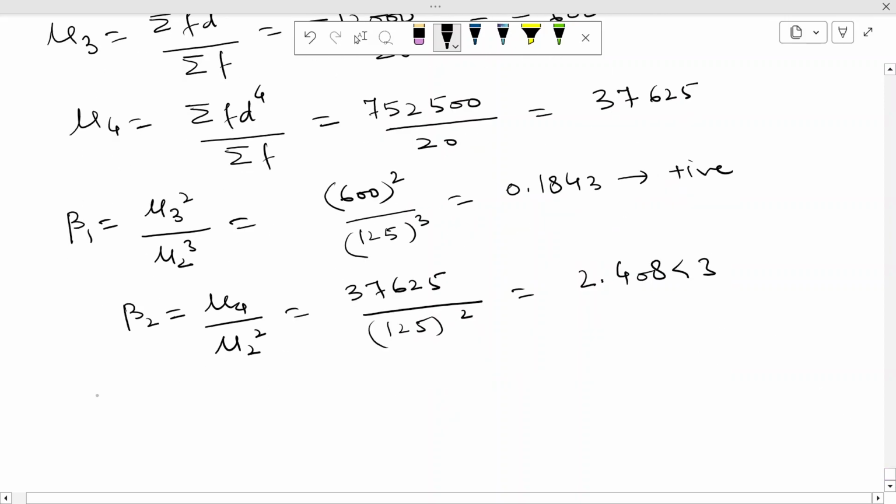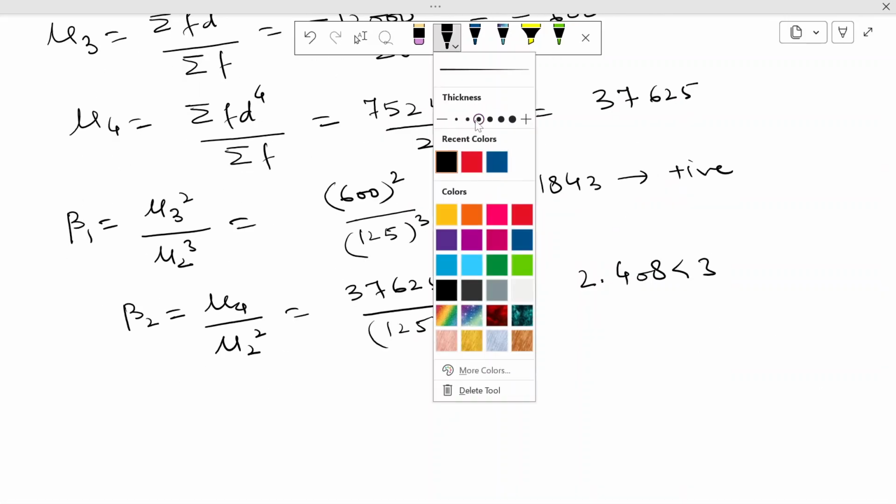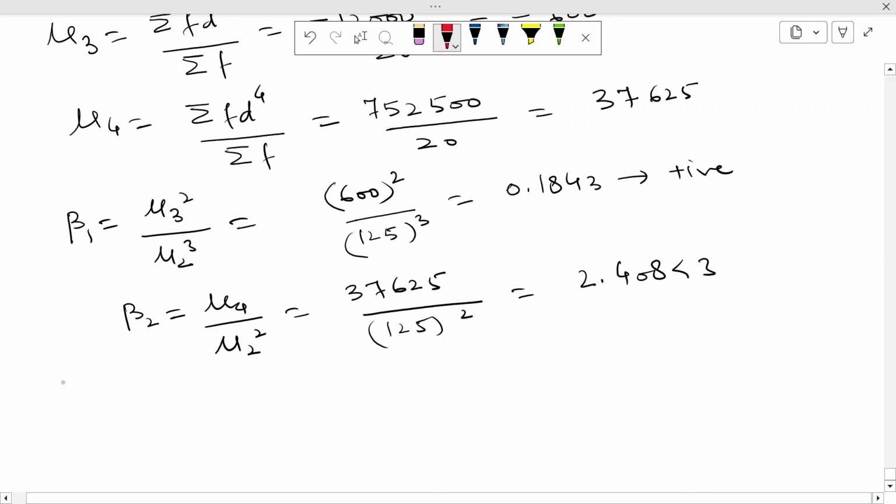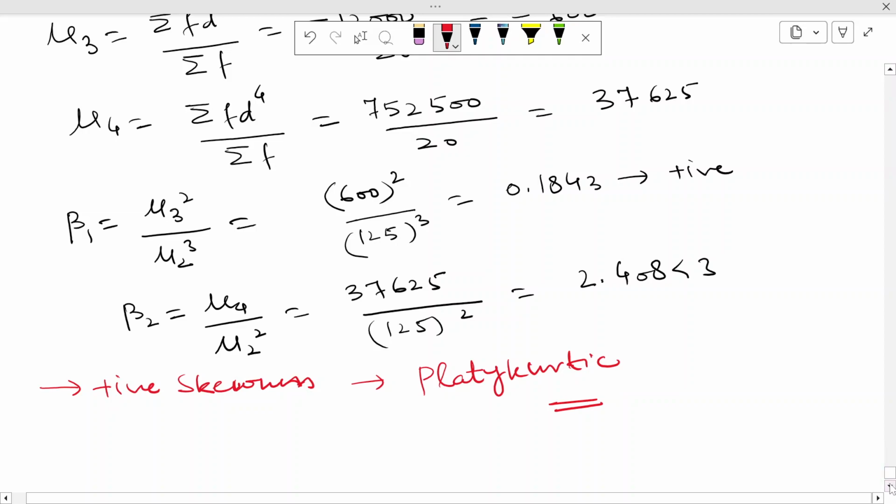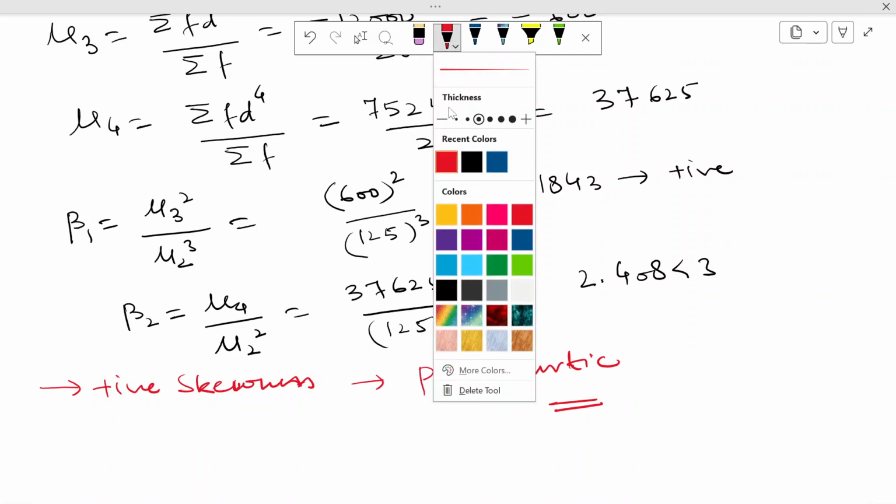So in this example we have positive skewness, and because this beta 2 is less than 3, our frequency curve will be platykurtic. Okay, so this is how we can study skewness and kurtosis.